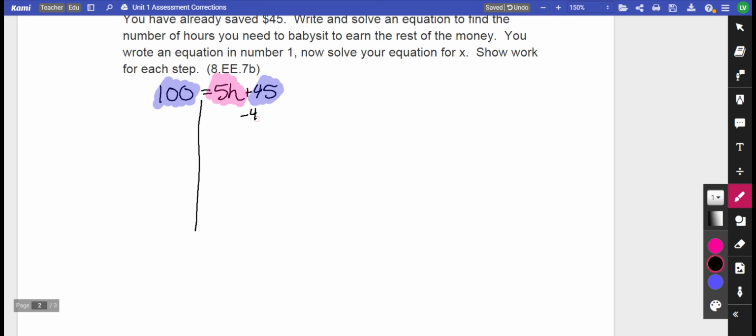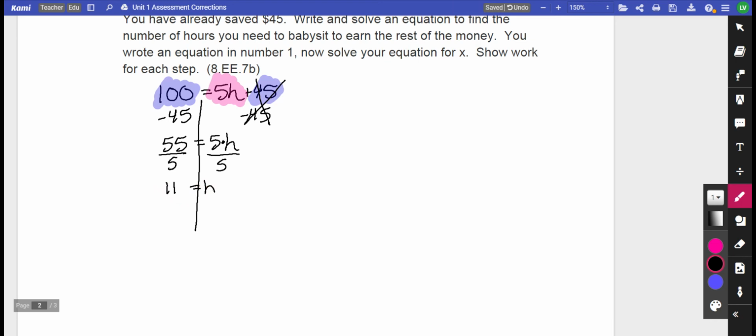I'm going to subtract 45 from both sides, so that way I have my constants on the left and my variable on the right. On the left side, 100 minus 45 is 55, which equals 5h. Then I'm going to do the opposite of multiplying 5 and h, and that is dividing. 55 divided by 5 is 11, which equals h.